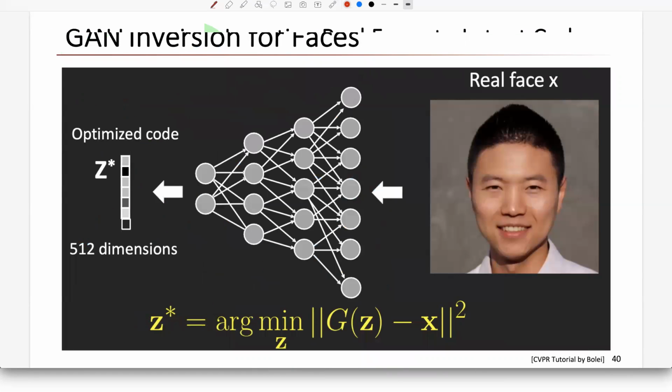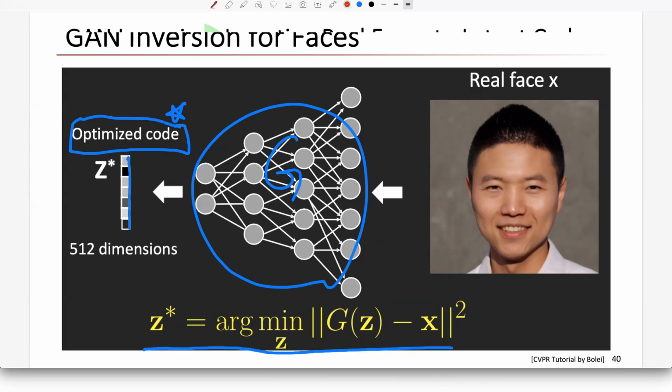So here's the example. Here is the Z, and this is a generator G, and this is a real face image. Then we can minimize such kinds of the objective function. Then we can estimate the optimized code.